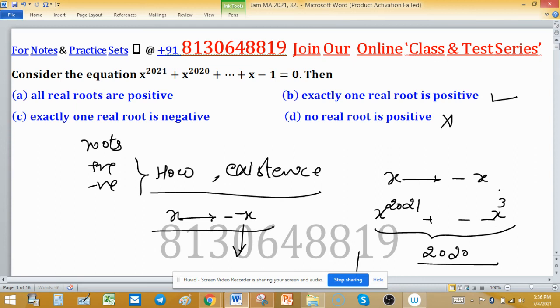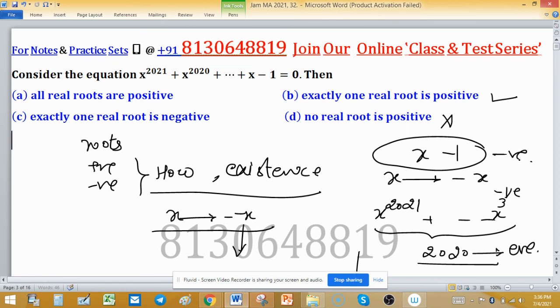One is negative, so they alternate negative and positive, and this is even, so half is positive and half is negative and the entire sum will cancel out. So the value will depend on x minus 1. After putting x to minus 1, the value of this is negative, so there is no sign change after applying the transformation x to minus x: minus x minus 1, no sign change.